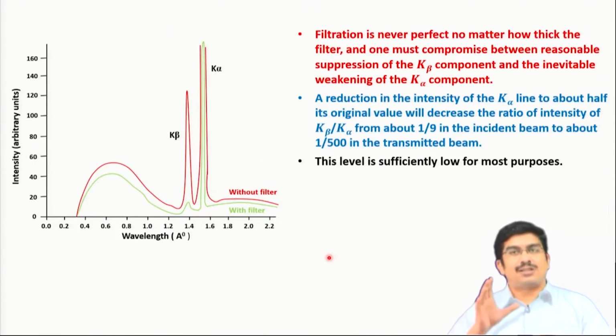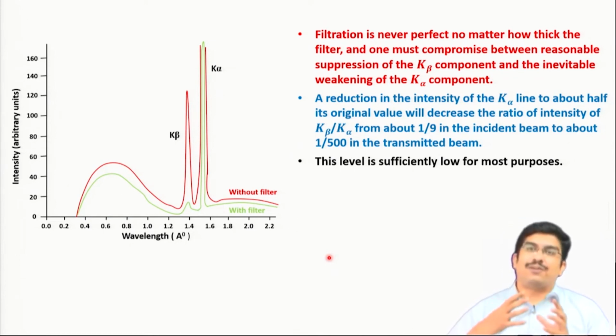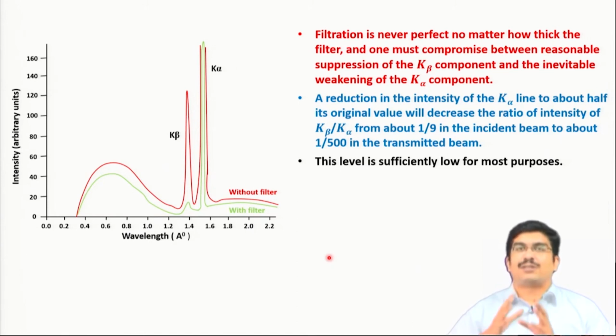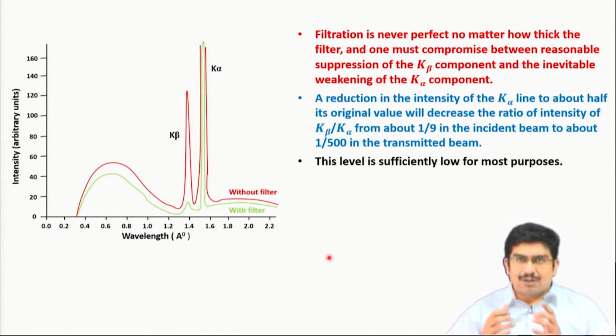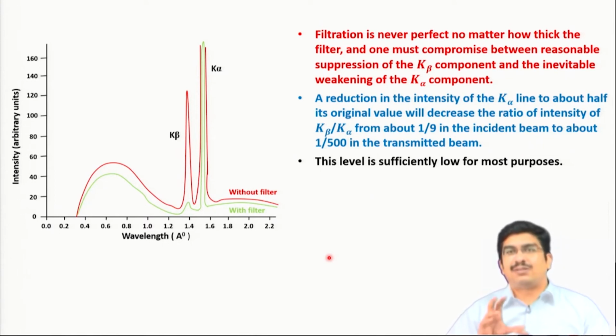This filtration process is good for giving me pure K alpha radiation, but at the same time it cuts down the intensity of the K alpha. So, this is a trade-off. In suppressing the K beta component, we are weakening the K alpha component. We have to accept that, and depending on our intended purpose, we have to use this filtering material reasonably.